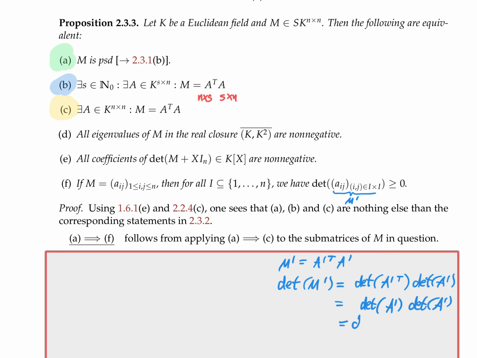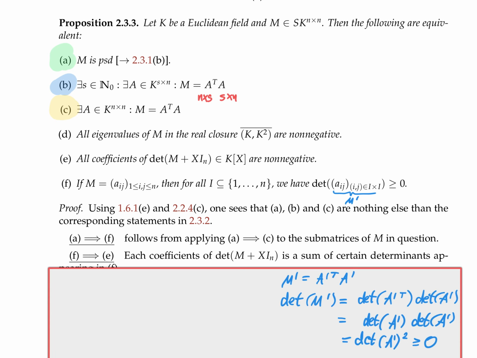And so this is a square, and the square is non-negative in the Euclidean field K. Okay, so from A to F, it follows by applying A to C to the submatrices of M in question.